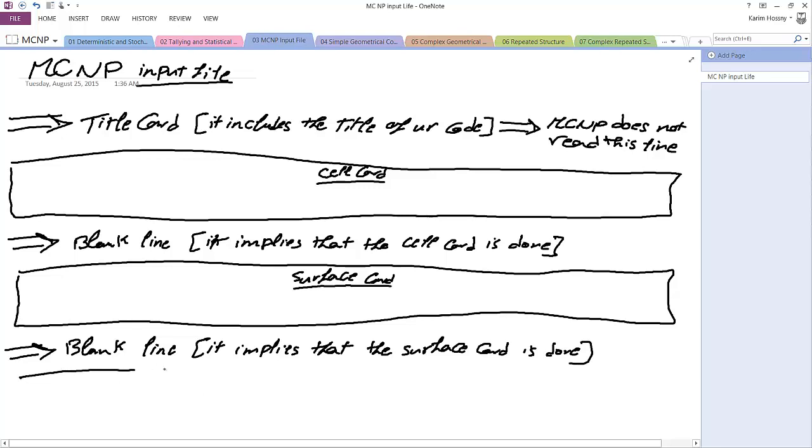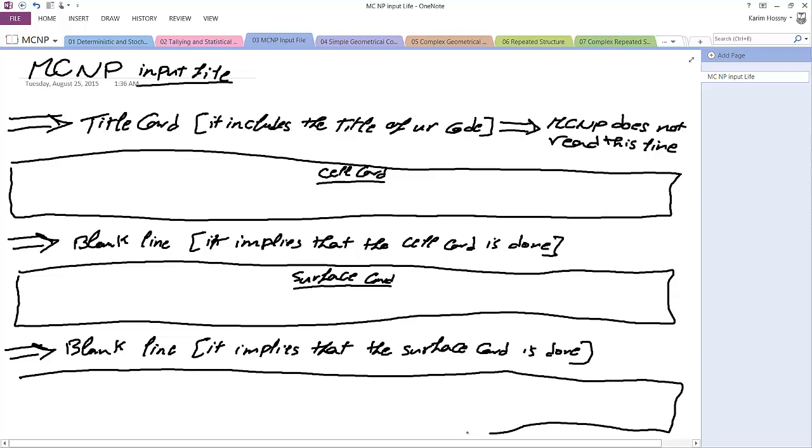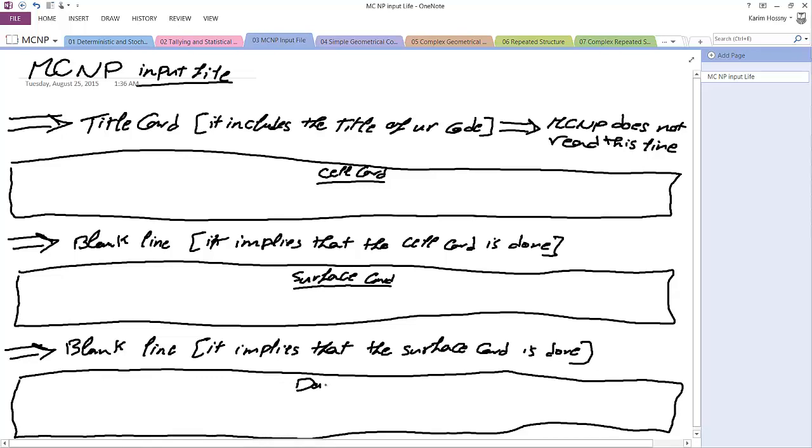And finally, we have what we call the data card. The cell card takes its information from the surface card and data card.